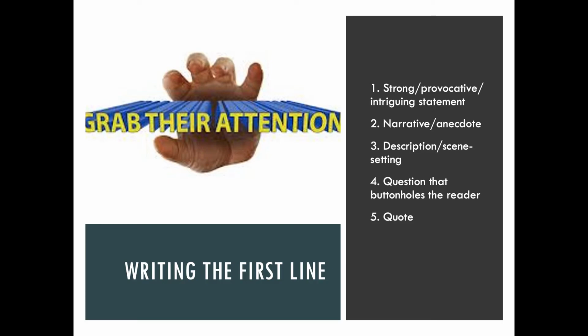Now, if that attention-grabbing headline translates into a good opening sentence, that lead, then you've generally got a piece that has the same or a very similar number of reads. If there's a high number of views and a very low number of reads, that means that although that headline was really good, the lead, the first sentence and the first paragraph hasn't really kept the reader there. It wasn't what they were expecting and they've navigated away. So you need to start thinking about how you can make both of those things work for you.